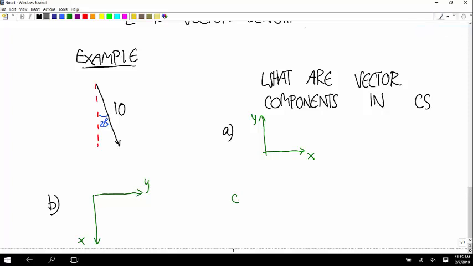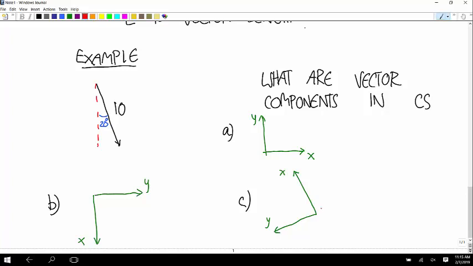And third, with the x-axis this way and the y-axis this way.